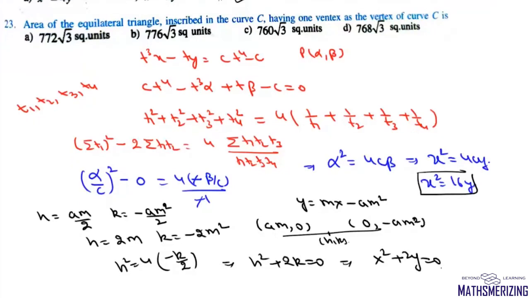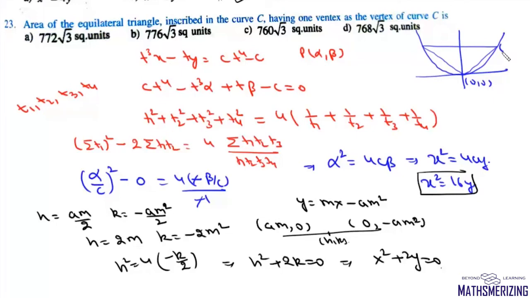And now question number 23 is, we need to find area of equilateral triangle inscribed in this curve having one vertex as vertex of curve C. So we have this curve which is x square equals 16y, and then we have this equilateral triangle which is inscribed in this parabola. Now this point is 0, 0.